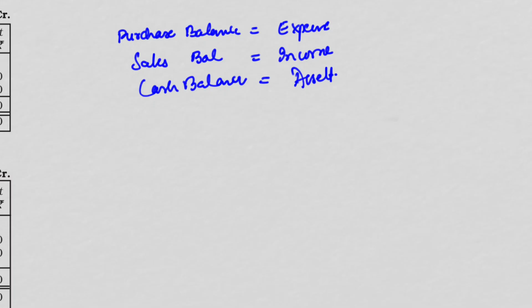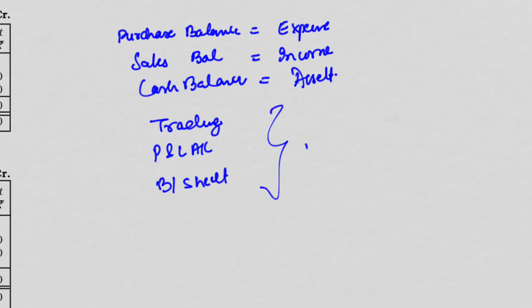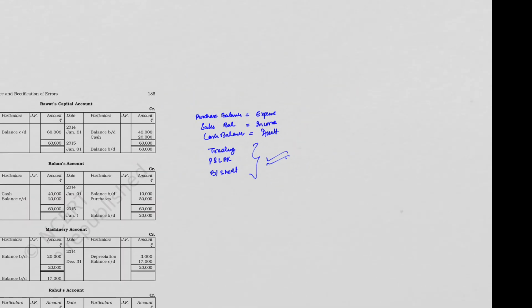So these balances are directly used to prepare the trading account, the profit and loss account, as well as the balance sheet. So that is why the balances method is widely used.